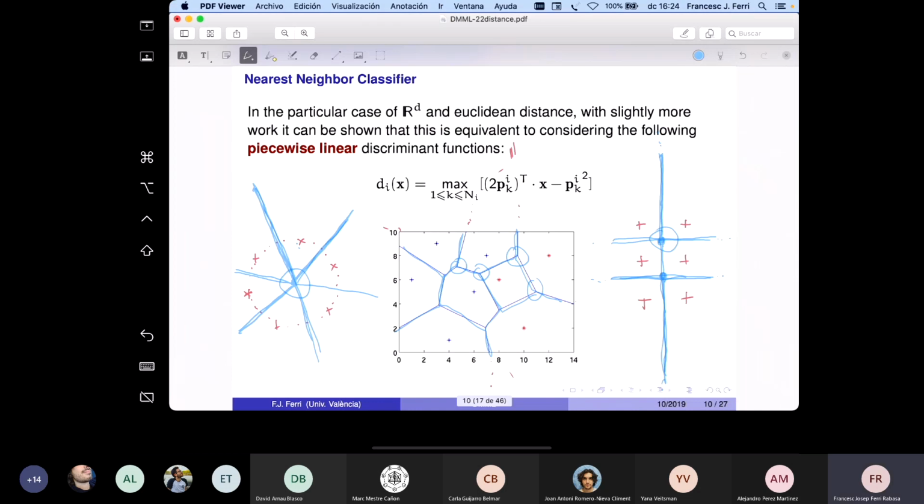Can you imagine this Voronoi diagram in 3 dimensions? Then the boundaries would be two-dimensional, right?